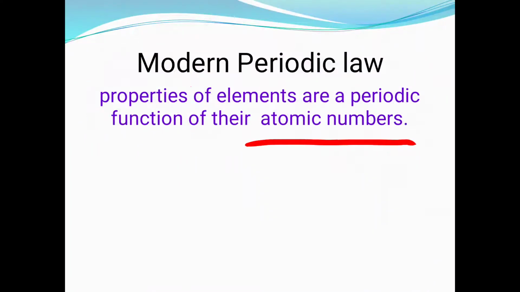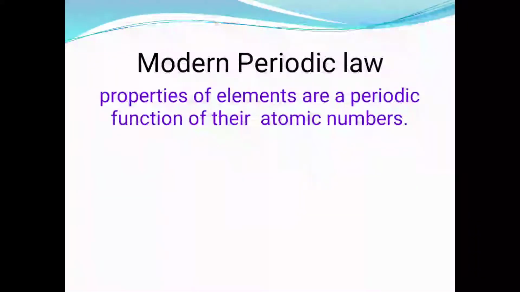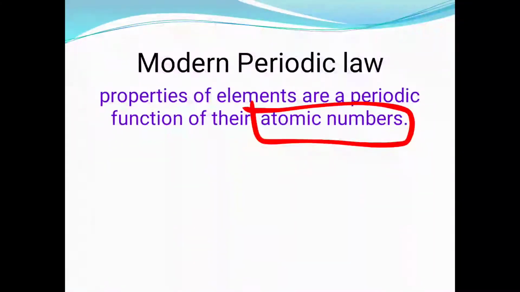See, before this modern periodic table, many scientists put forth many different methods of classification of elements, and those methods were based on atomic masses. It was not based on atomic numbers. Okay, but in 1913 Henry Moseley demonstrated that in the nucleus of the atom positive protons are present, which are a very fundamental property of the atom, and after that only the atomic numbers are considered for classification of elements.